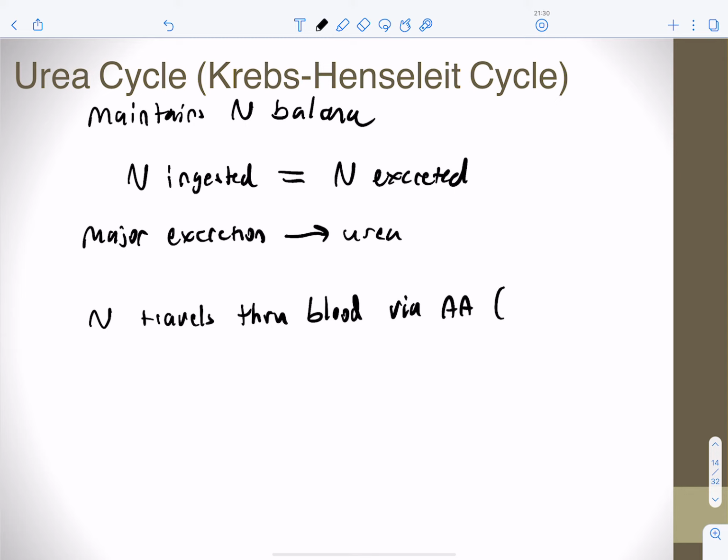It can also cross the blood-brain barrier. One of the things that ammonia does is it disrupts the metabolism of your astrocytes.